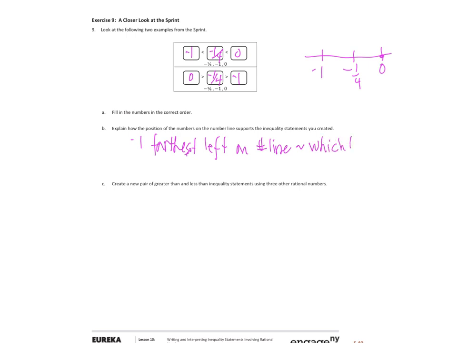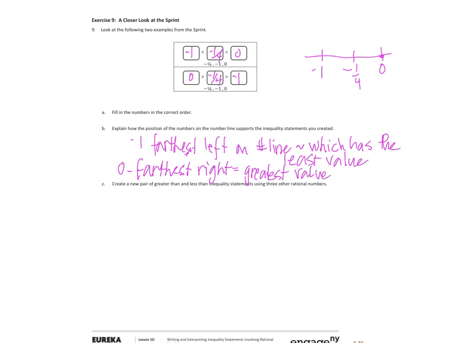Okay, 0 is the farthest right, which means it has the greatest value, which is so funny. That's in the top one, and then it reverses below.